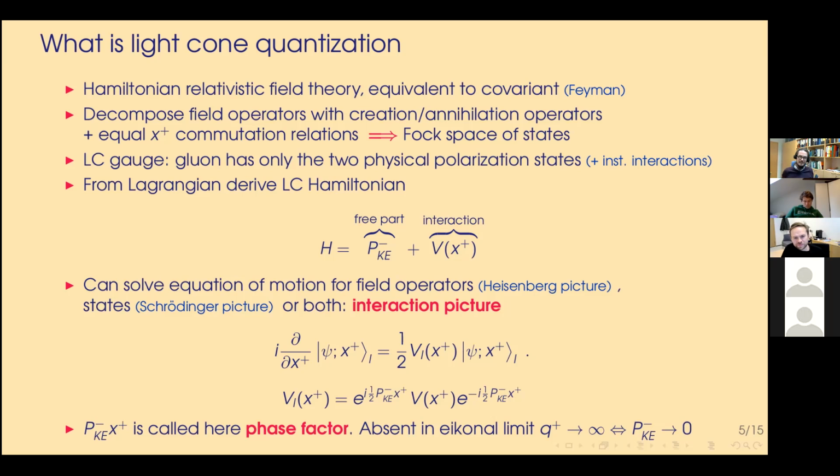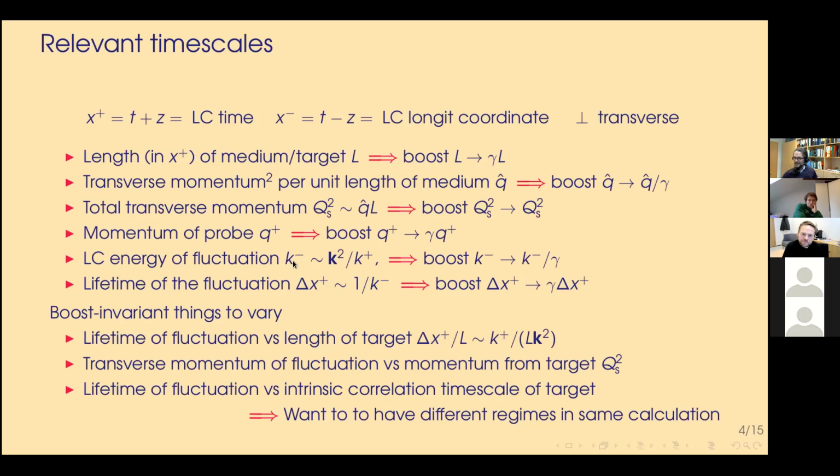Yeah, actually it is like a two-dimensional non-relativistic system with two transverse dimensions. Energy is momentum squared over K plus. So K plus plays the role of a non-relativistic mass, and K minus the role of a non-relativistic energy.